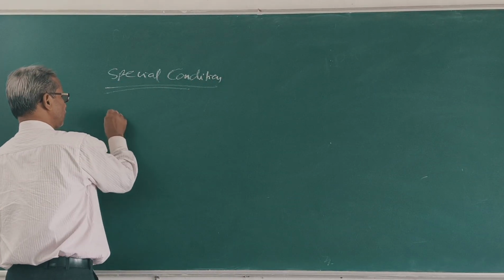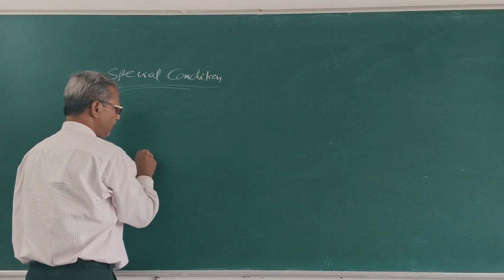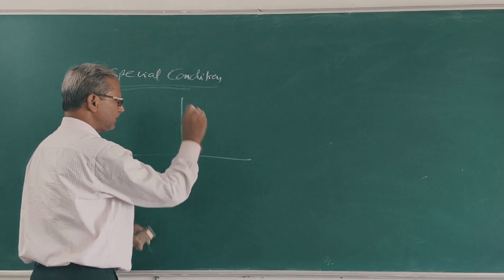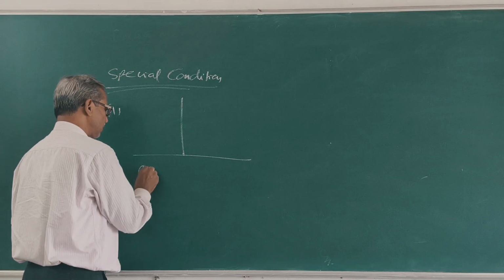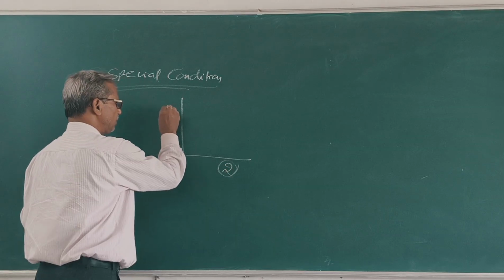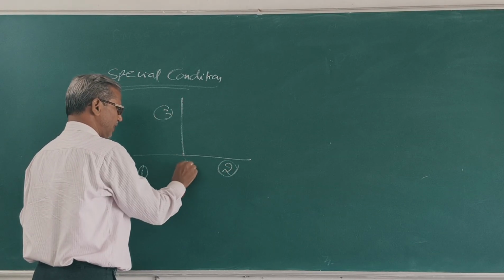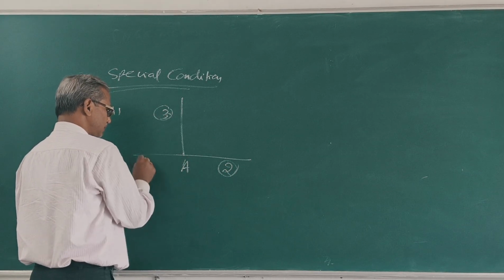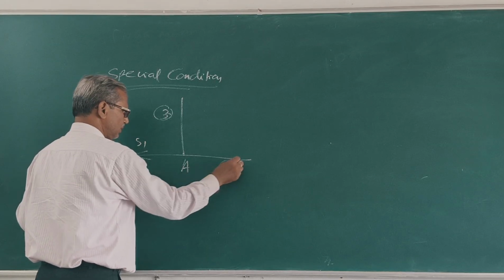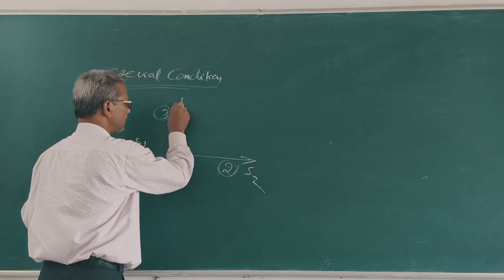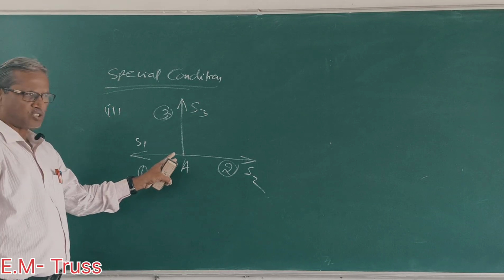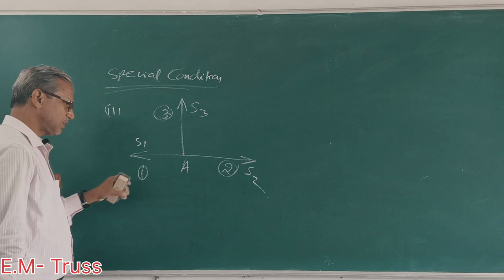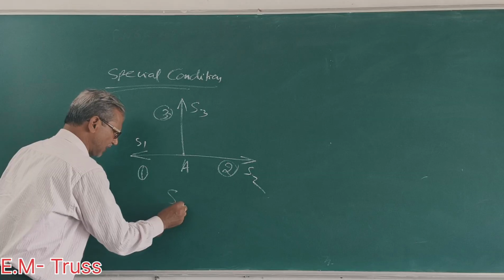Condition 2. If three members are meeting at a joint, this member 1, member 2, member 3, at point A, this S1, this S2, this S3, and no force at the joint, then the force in the third member is 0.